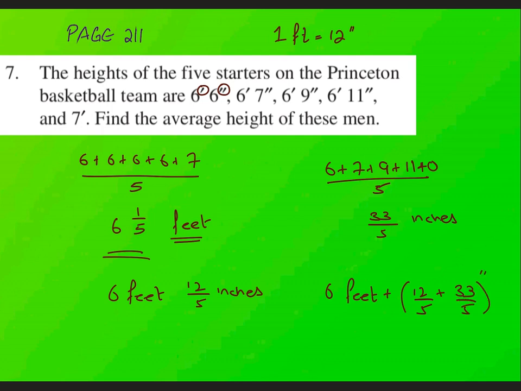Now same denominator, so the fraction actually is 45 by 5. 12 plus 33 is 45. 45 upon 5 is 9. So it's actually 6 feet and 9 inches. That's the average height of these 5 players.